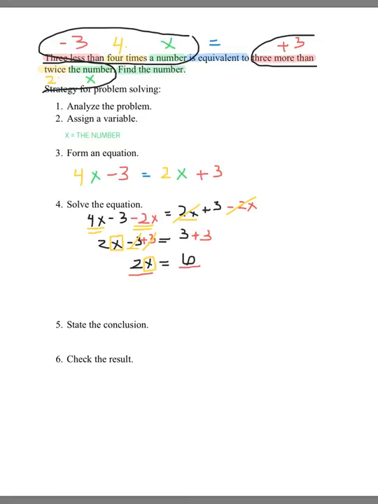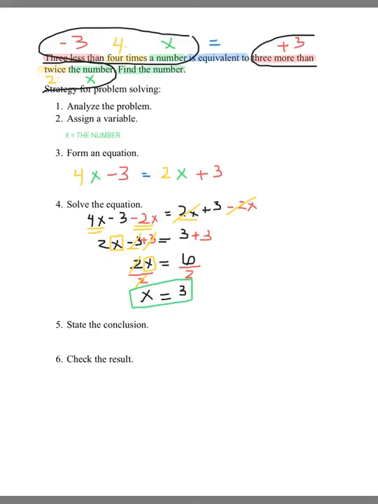So we're going to divide both sides by the value we want to eliminate, which is 2. So on the right hand side, 6 divided by 2 is equivalent to 3. And now we have a positive 2 divided by a positive 2, which gives us a 1. So we have 1x, but that's just the same thing as x. So there we go. We have solved for a variable.